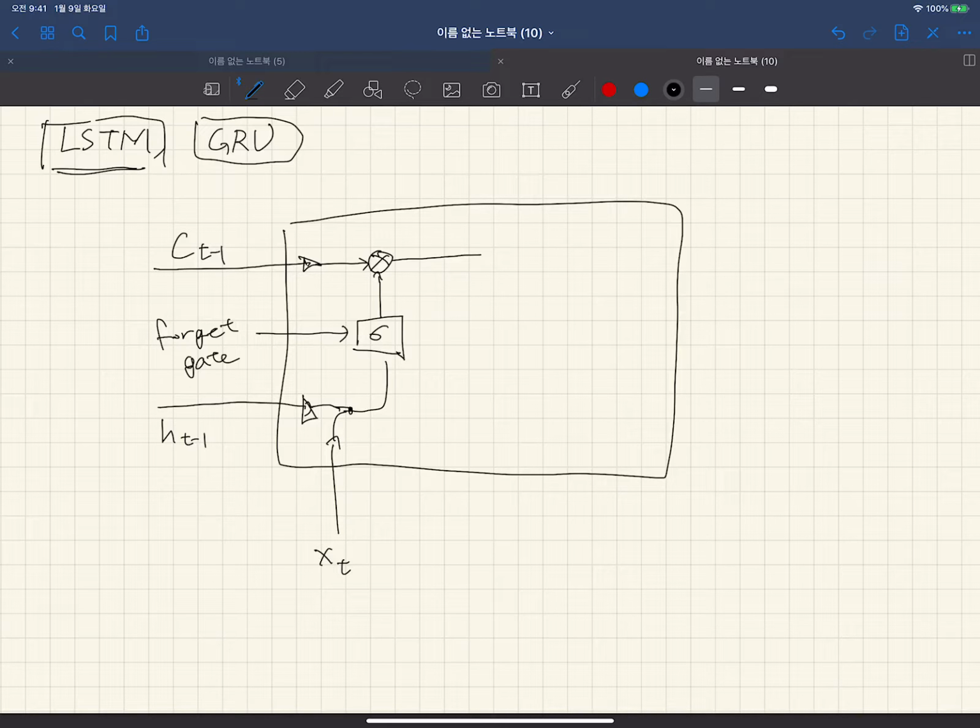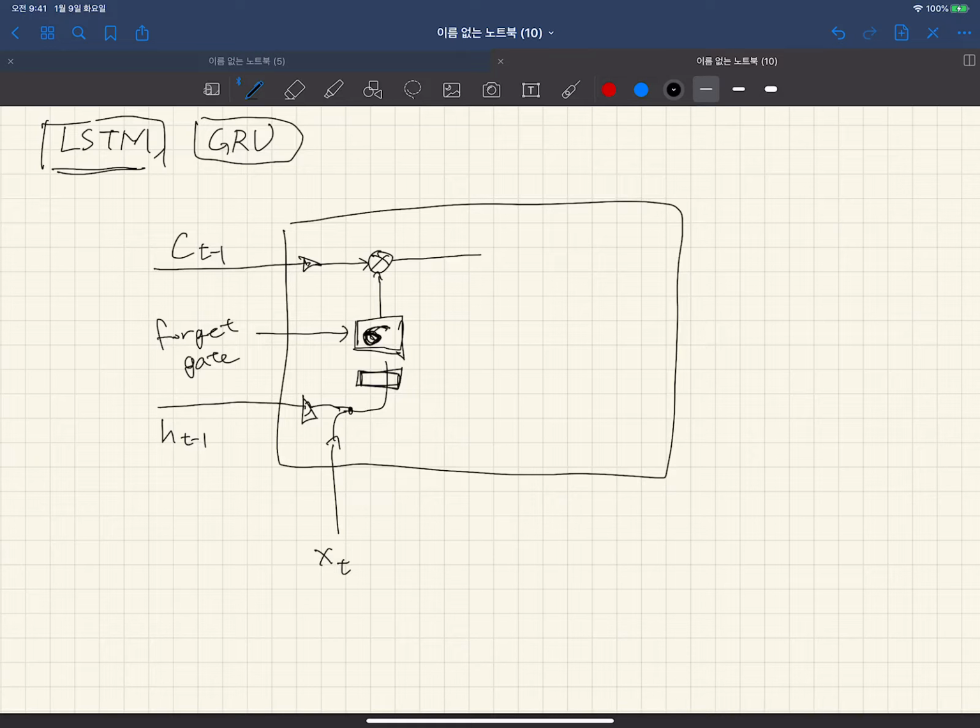Okay, so here we use some parameters to control the forget gate using ht-1 and xt, and we use the sigmoid function here.